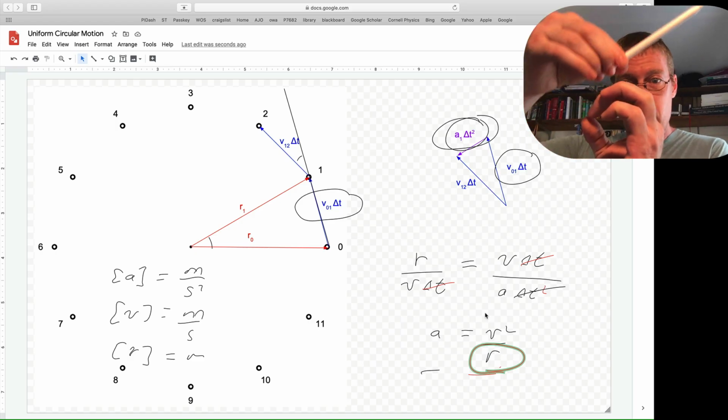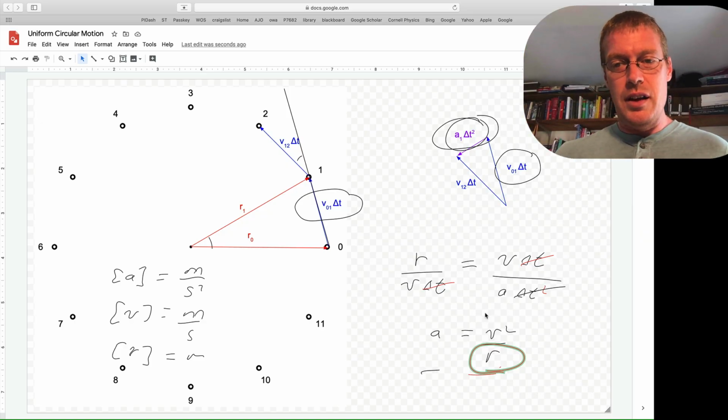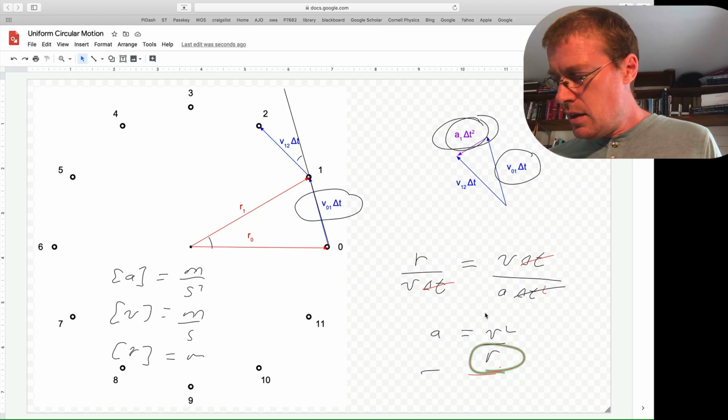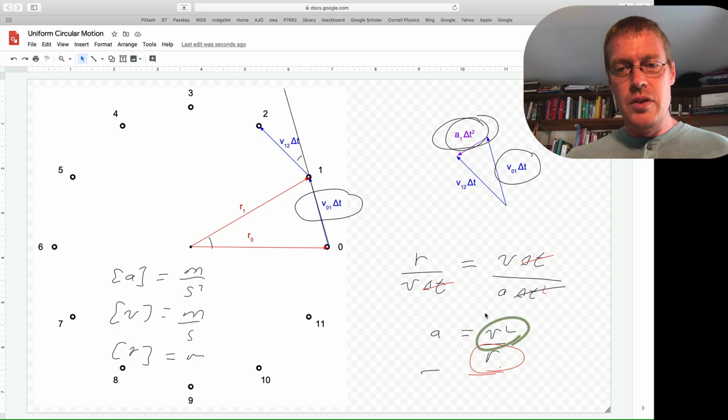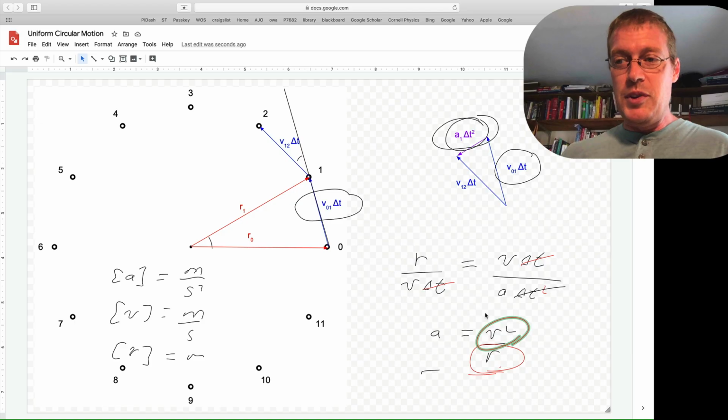From time unit to time unit, there's a larger change in that vector. And then finally, the acceleration is larger if the velocity is larger. That also makes sense, because the faster you're moving, the more rapidly that velocity vector is changing.